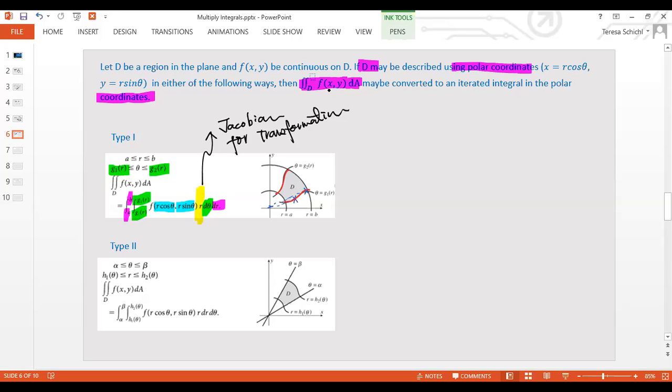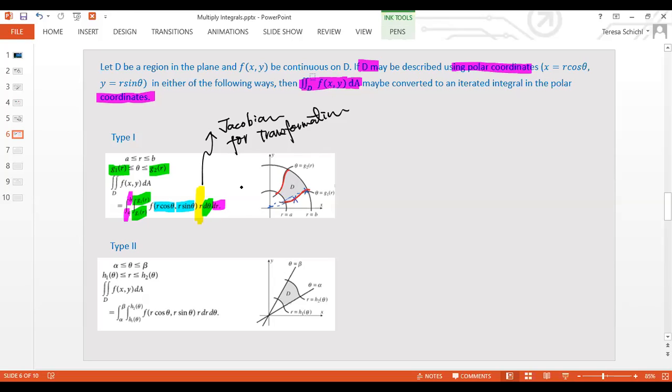I'm not going to show you how to get the r right now, but later, in the next sections when we talk about triple integrals, we will find the Jacobian for the triple integration transformation.